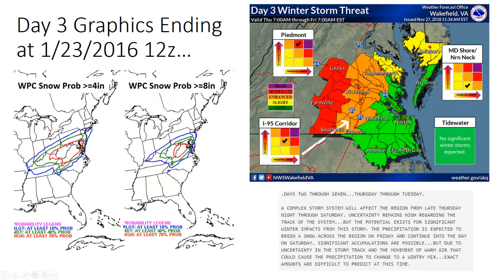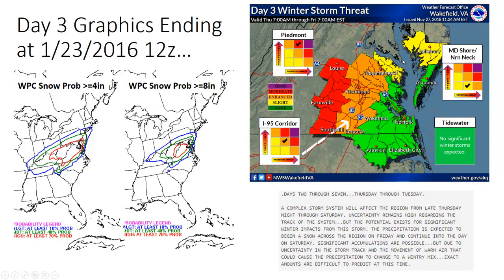But finally, we get to day 3, and this is where we really start to key into where there was going to be a problem, especially in the Piedmont and even getting into Richmond. We have high confidence and at least moderate impact across the Piedmont, and even some moderate confidence and moderate impacts across the I-95 corridor.